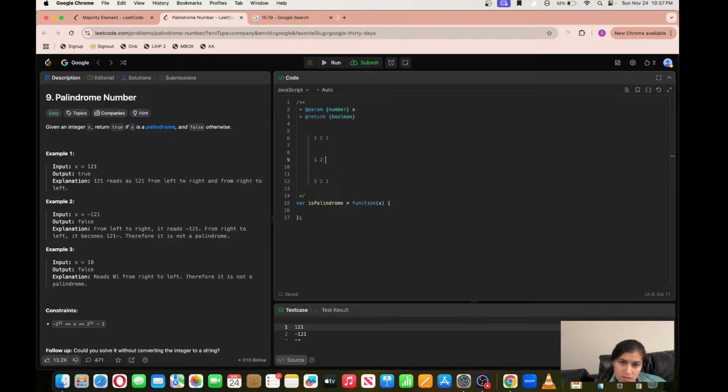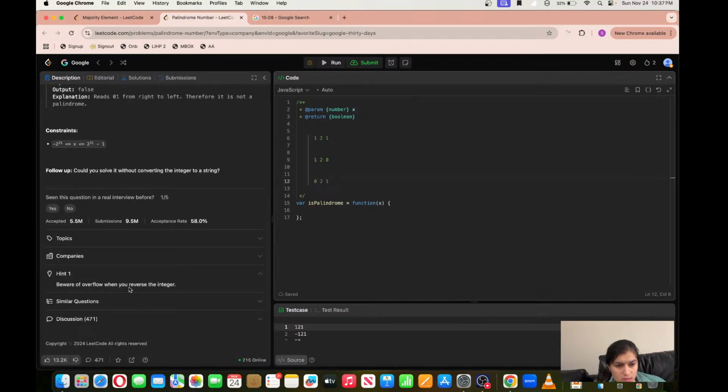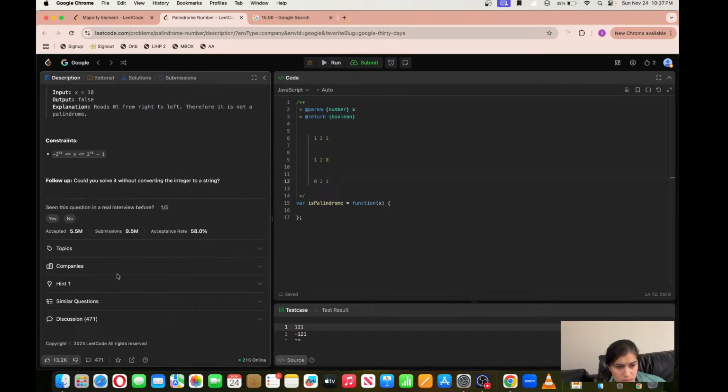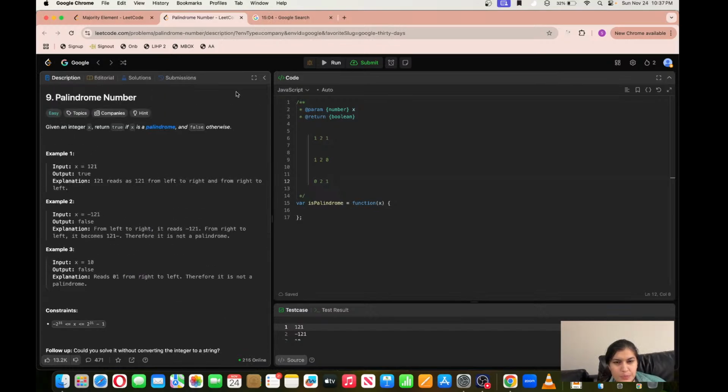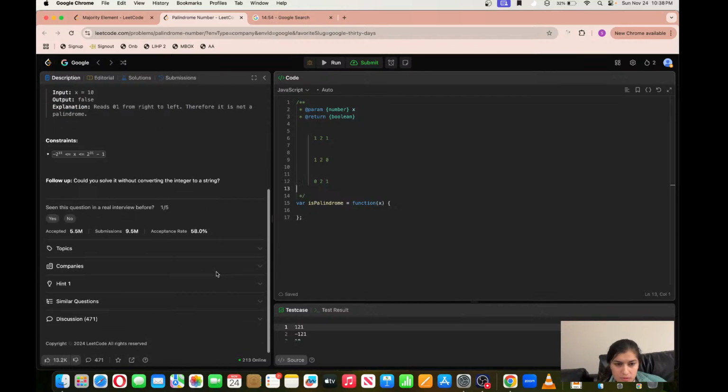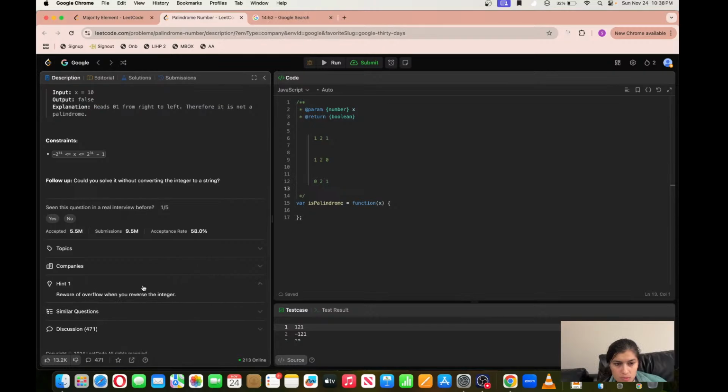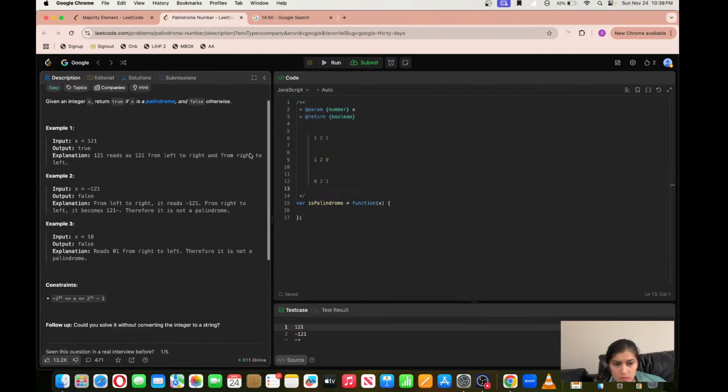What does that mean? Is it something like this? Then it will be 0 to 1. I still don't understand this hint. Beware of overflow when you reverse the integer.